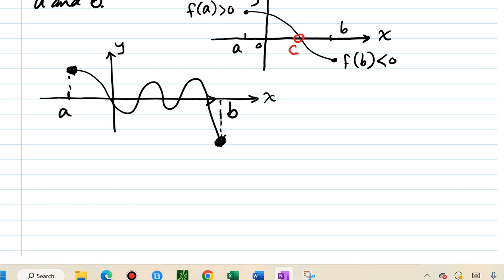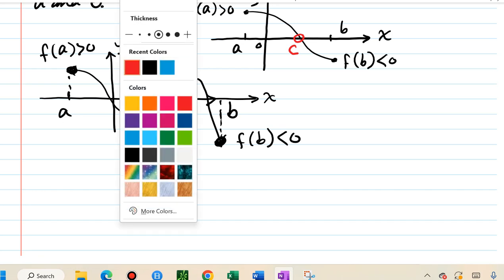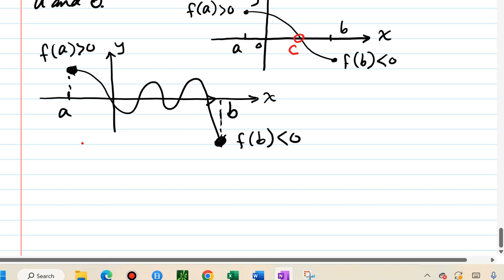All right. Now, again, f at a here is positive, f at b is negative. It doesn't matter, f at b could be positive, f at a could be negative, as long as they have opposite signs. But what's important is that you're looking at the x-intercepts. Here I have, how many? I'm sorry, here I have one, right?